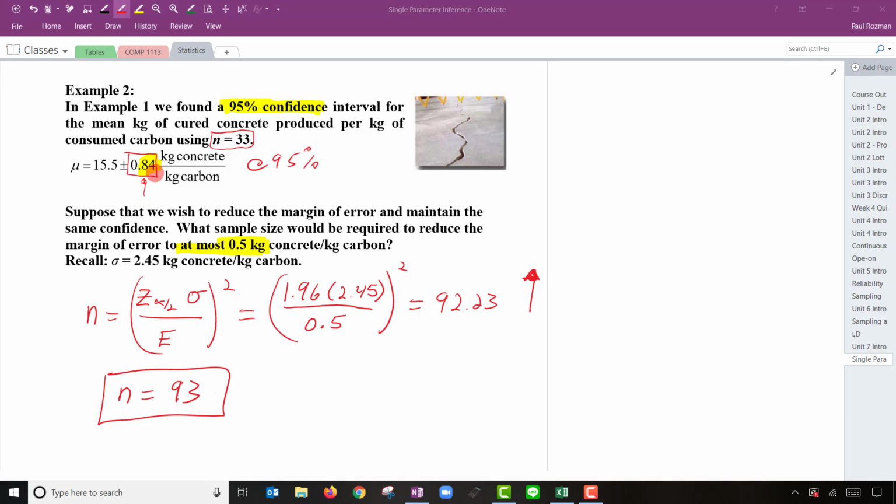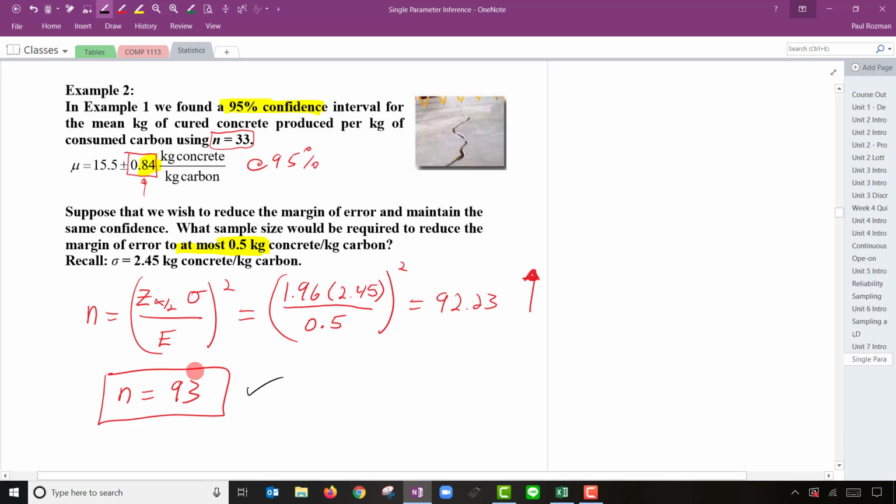Or could you live with now an error of 0.84, knowing that you could only afford to do a sample of 33? So oftentimes you'll calculate the sample size that is desired. This is your starting point, and then you go, can I afford this? And if I can't, well, then maybe you'll go, well, maybe I can live with an error of 0.6, and then you'll calculate this, and then 0.7, and you'll calculate this, and you keep messing around with your error until you find what you can afford.